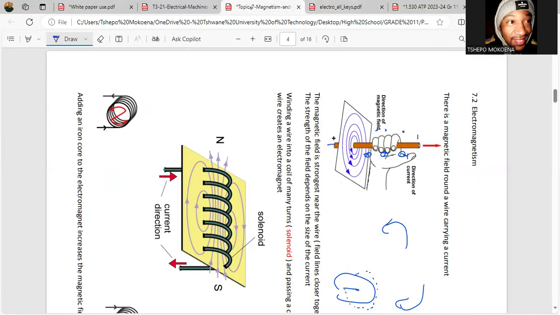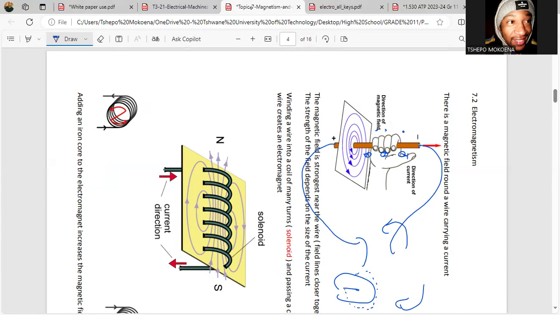This is the loop, right? Assume that this is a loop. This is my hand. So current is moving like this. We can see that, right? Current is moving like this.